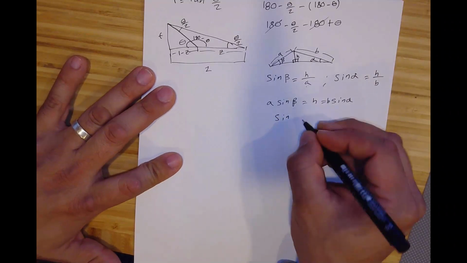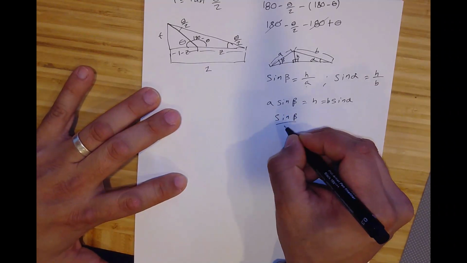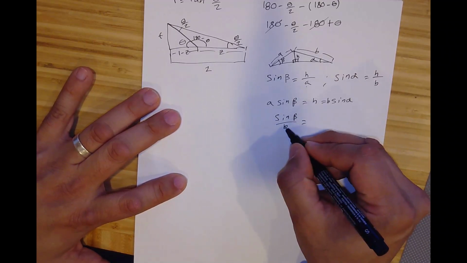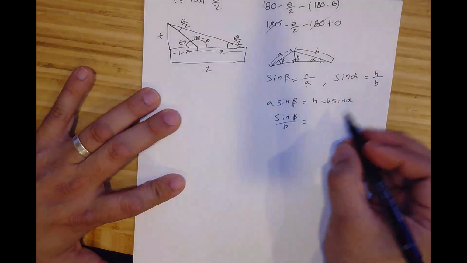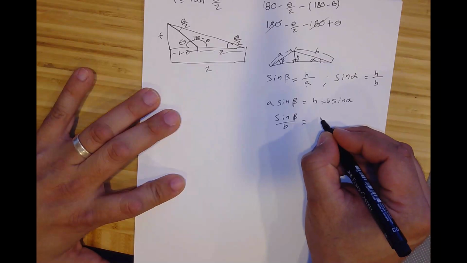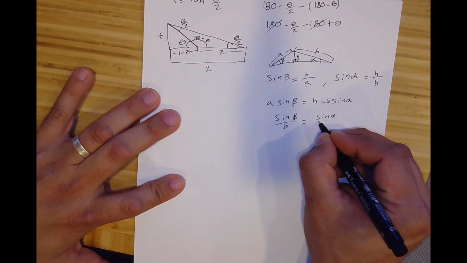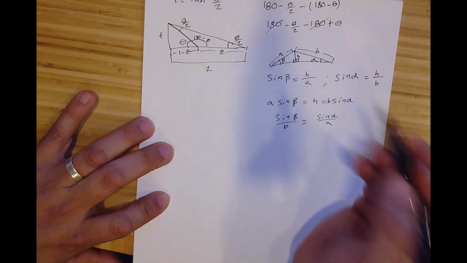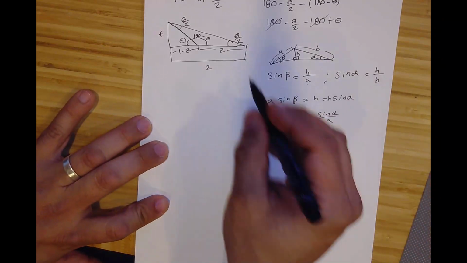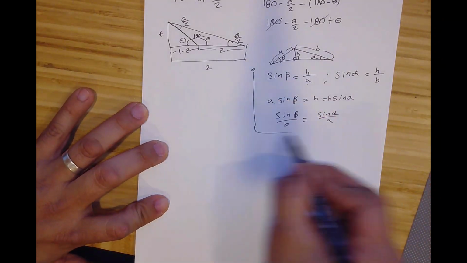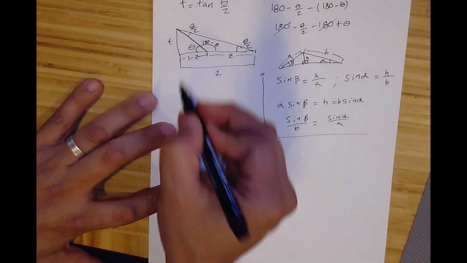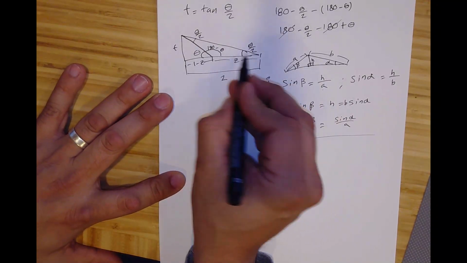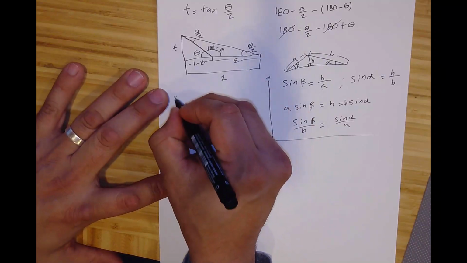Then if we move this to the other side and this back to here, we will have that sine of beta over B is equal, I mean the proportion of the sine of the angle with the opposite side is the same, sine of alpha over A, right? And we can do also for the other side if we want, but for this case let's keep it short. So in this case we have that this is the angle, right?